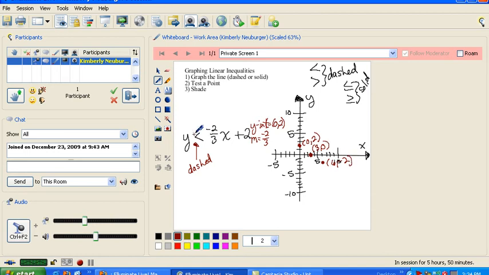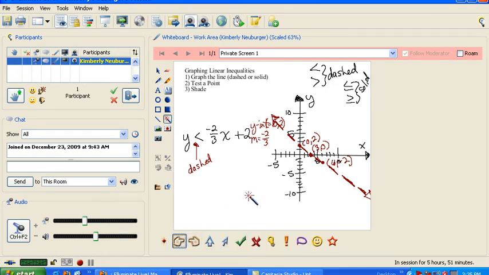Now, because we had the less than symbol, we're going to go ahead and connect these using a dashed line or a dotted line, and that looks like this, and that signifies we'll get really close to the line, but we won't actually touch it. Now we need to determine where we shade.